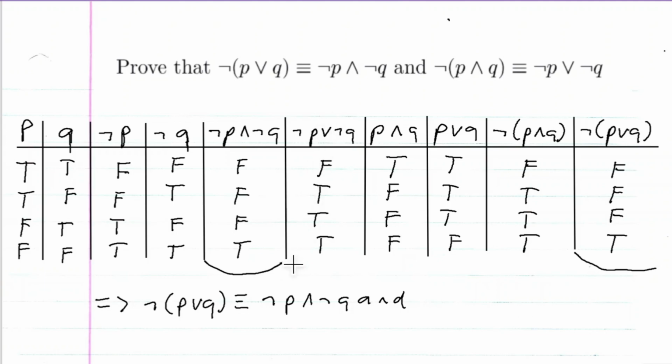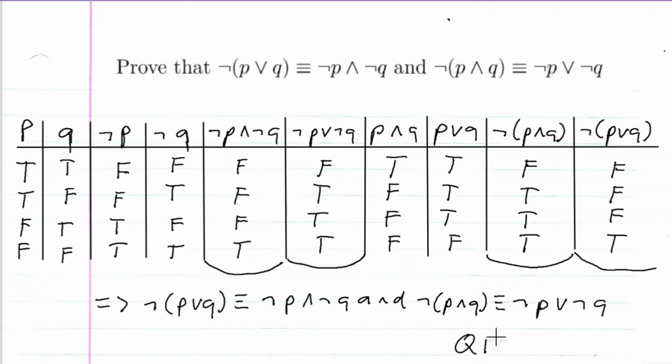And look what we have here. We have the negation of P or the negation of Q is false, true, true, true. And for the negation of P and Q, it's false, true, true, true. So that means that the negation of P and Q is logically equivalent to the negation of P or the negation of Q. And that is what we set out to do, right?